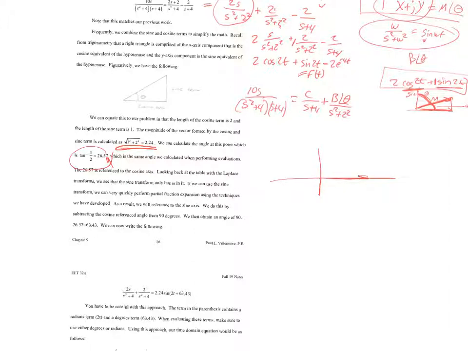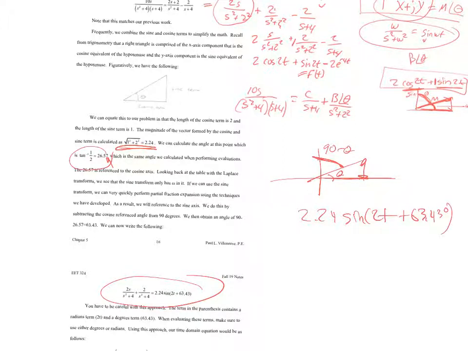So this is 2, 1. This angle here is theta, which is 26.57. If I want this one, I just have to go 90 minus theta. So when I combine those two, it's just going to be 2 plus 2, 4, sine of 2t plus my 63.43 degrees.